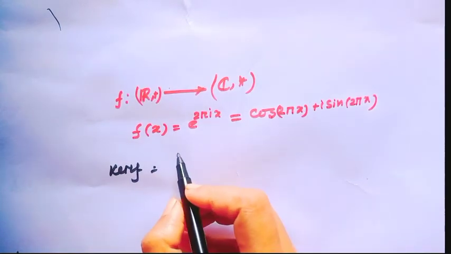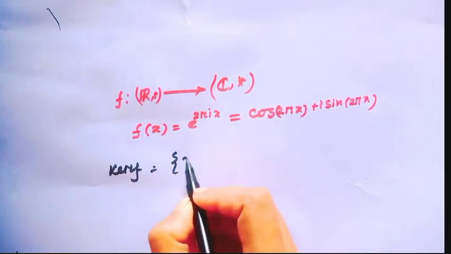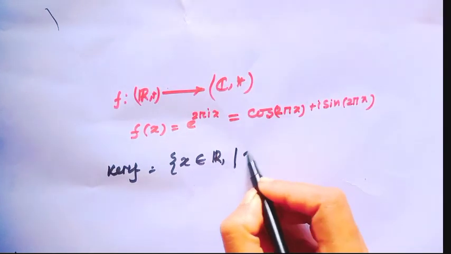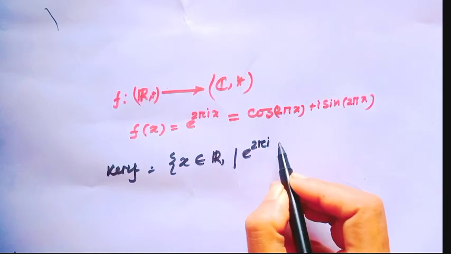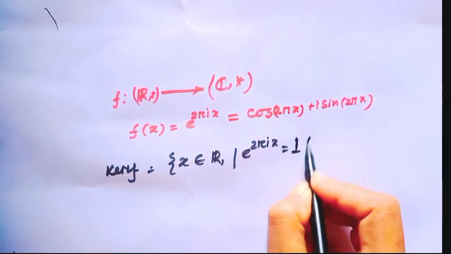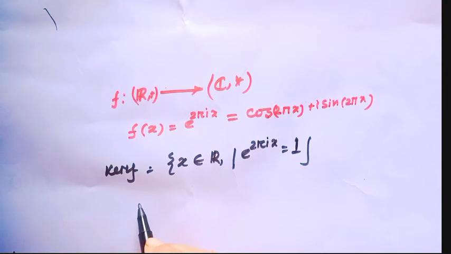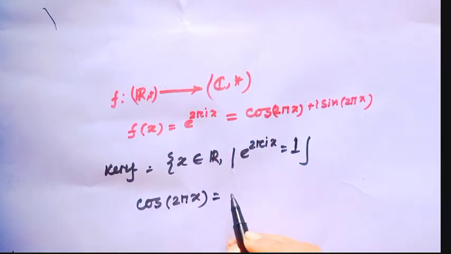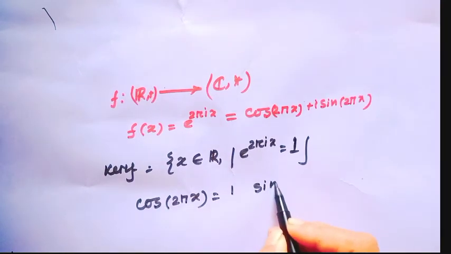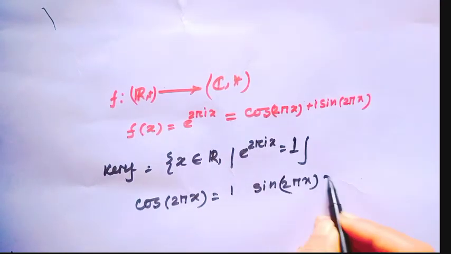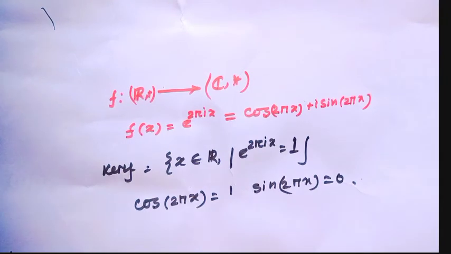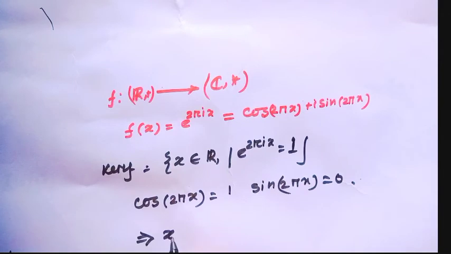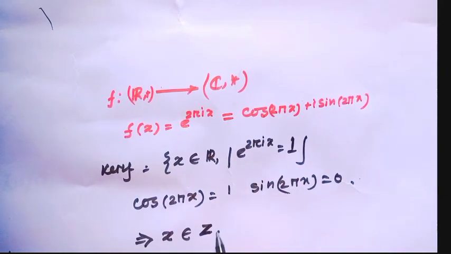Kernel of f equals the set of all x in the real numbers under addition such that e to the power 2 pi i x equal to 1. And from this line we can tell cos 2 pi x equal to 1 and sin 2 pi x equal to 0. Are you getting? And this relation will be satisfied for all x being a member of the integers.